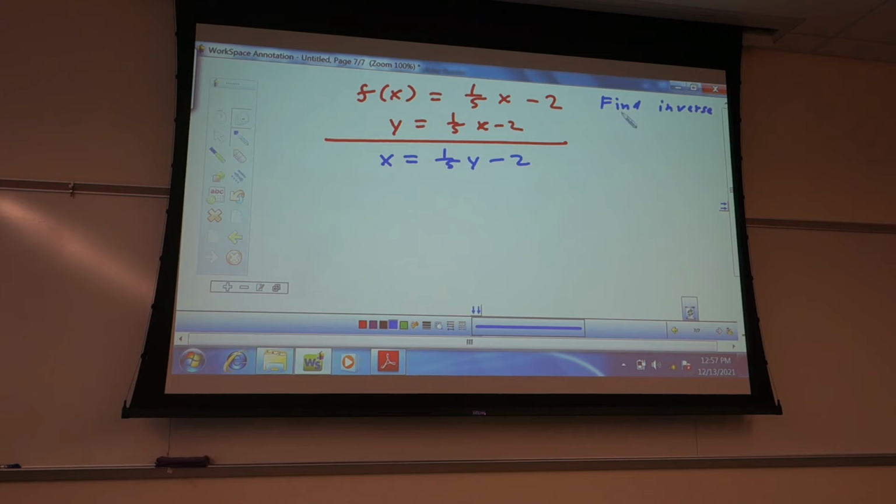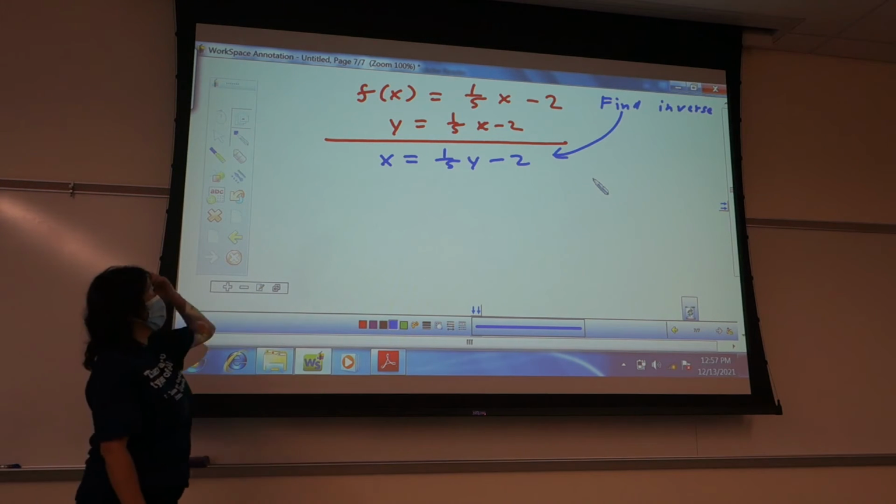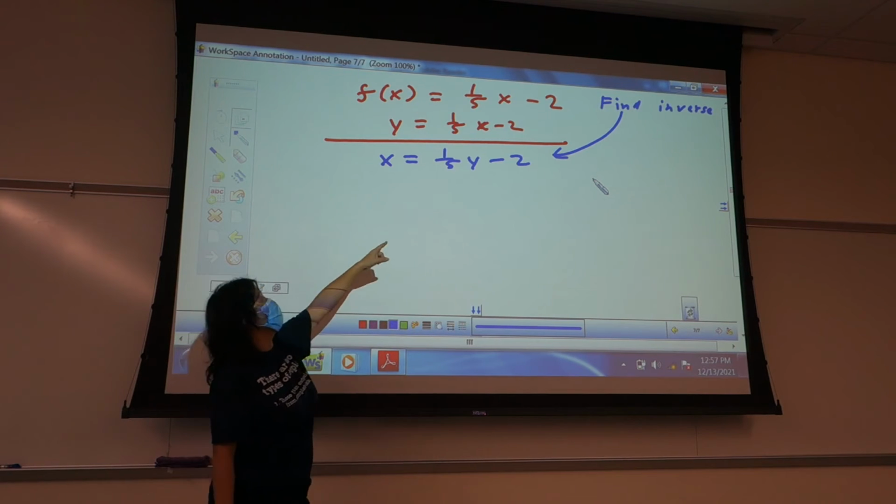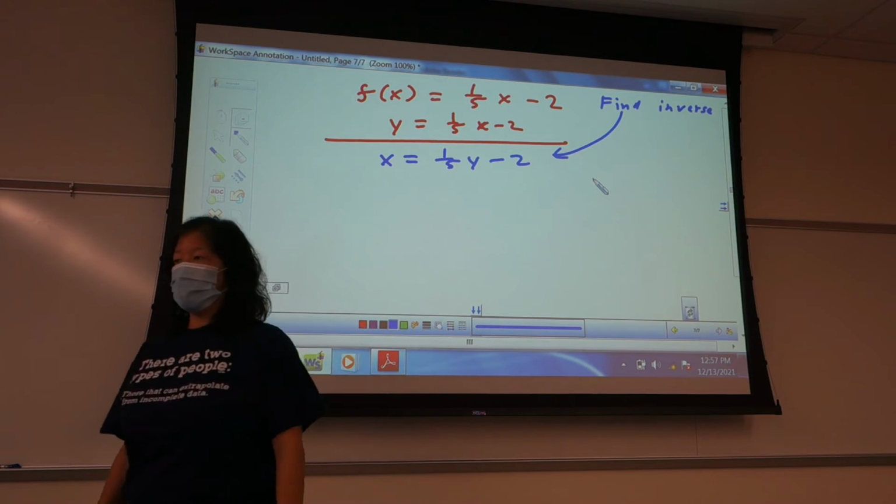This is the inverse. They swap places, but now you got to write it in terms of f of x, so you got to solve for y. So I'm going to solve for y.